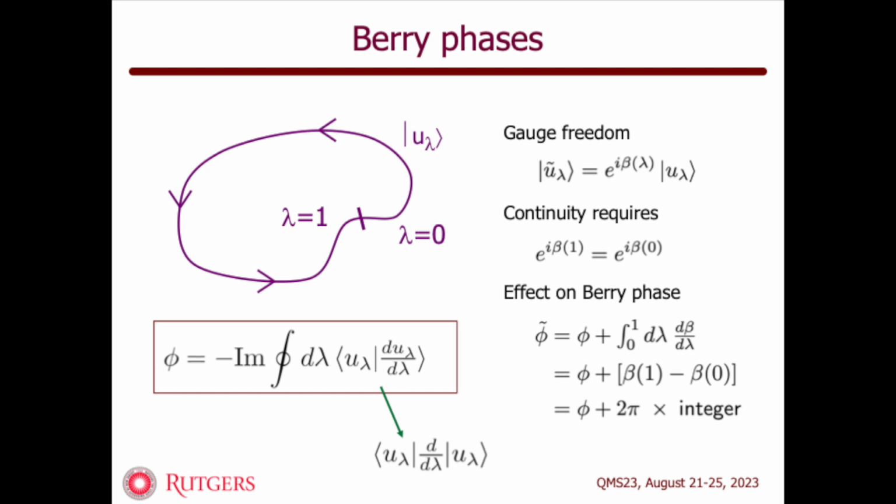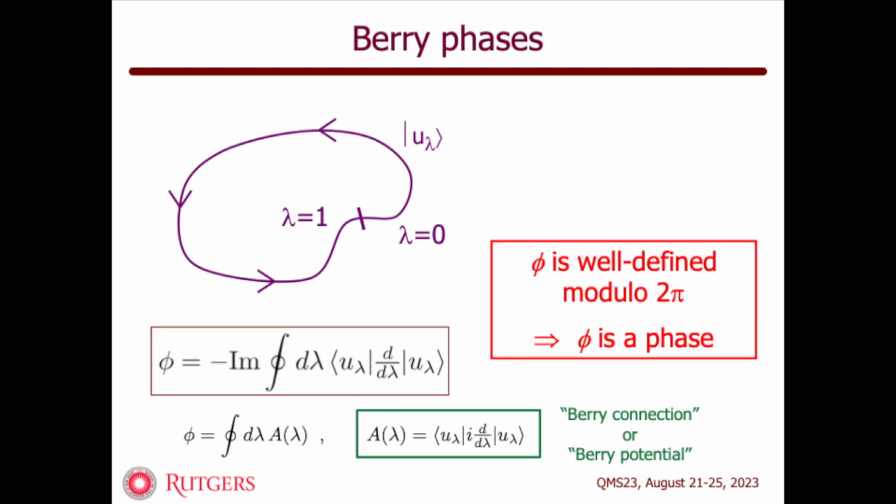So in other words, if beta varies and comes back to itself, then this integral is 0, but if beta evolves by 2 pi, that's also permissible, and then the phase changes by 2 pi, but of course if we interpret the phase as a phase angle between 0 and 2 pi, then phi hasn't changed, and that's the philosophy. We regard phi as a phase angle defined on the unit circle, and that Berry phase is gauge invariant with respect to the choice of phases as I go along the loop.